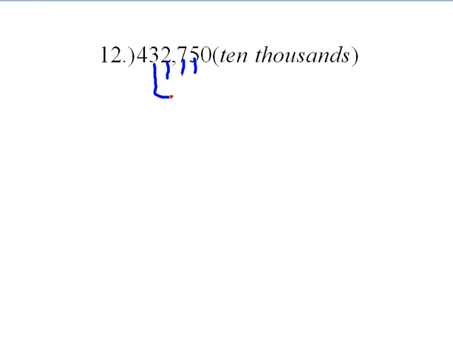This one is the 10,000. So we're going all the way up here. And this one is the 100,000s.